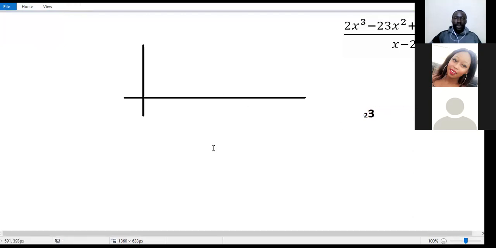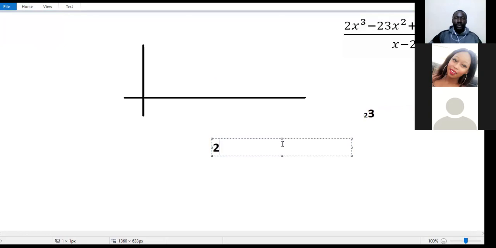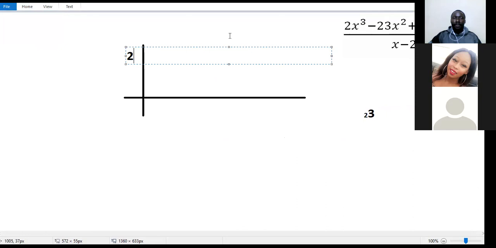Now, we'll be putting this 2 right out here. Then inside, we put the coefficients of the terms we have here. So the first being 2, the next being minus 23, then followed by 80. Then we also have minus 84. That's what we are dealing with for now.